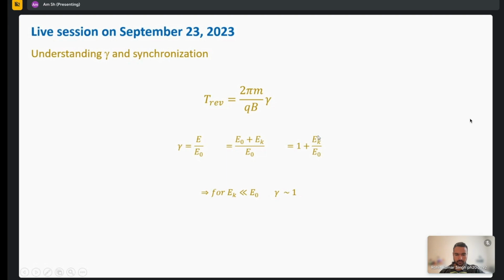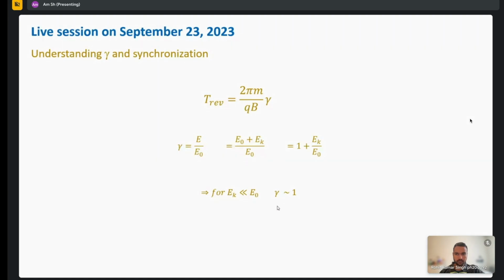Say for a 10 MeV proton, Ek by E0 will be 10 by 1000, so gamma will be 1.01. So gamma is very, very close to 1.